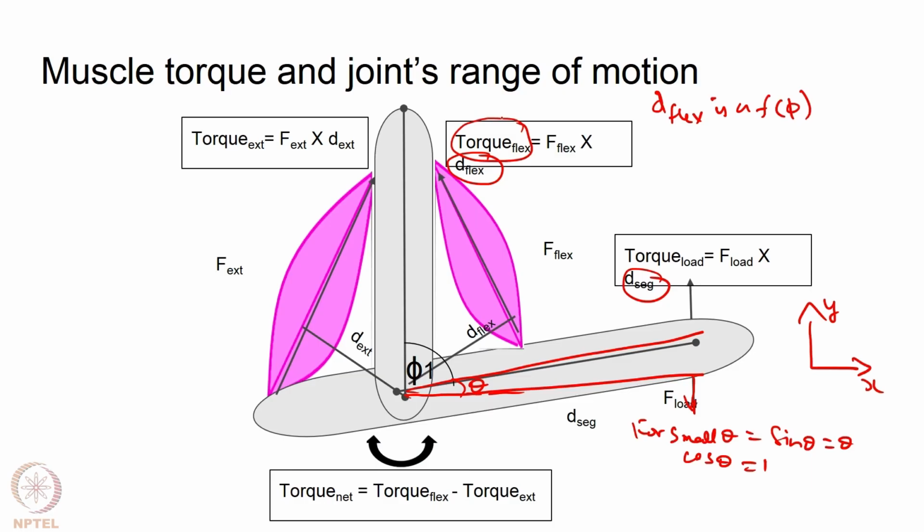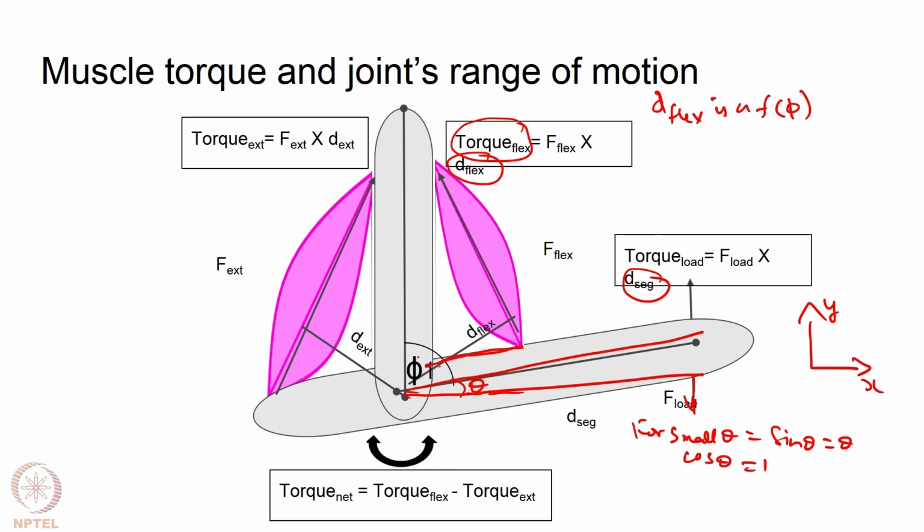The relationship between d_flex and d_seg is not going to change greatly depending on whether the angle that is being considered is a right angle or an acute angle or an obtuse angle, because this is a relatively small distance. The point at which the muscle attaches to the distal bone is called the insertion. This is something that is not going to change.